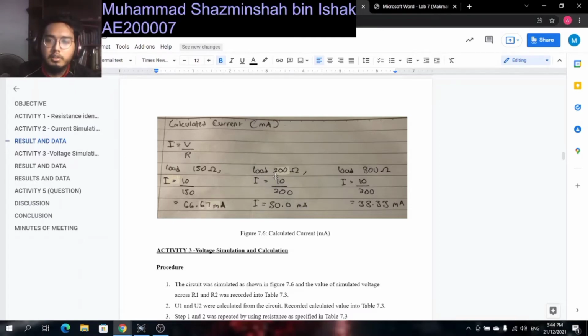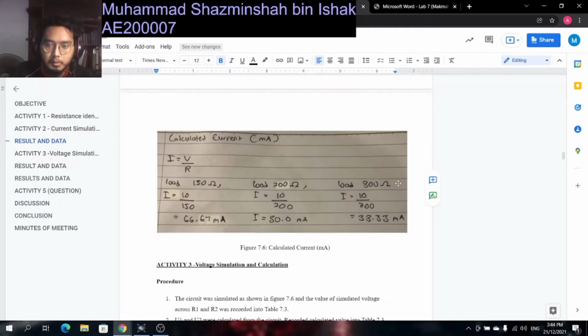For the second load, 200, we key in the data and we get 50 milliampere, which is the same as the simulation. And the third one is 300. We key in the data and we get 33.33 milliampere, same as the simulation.